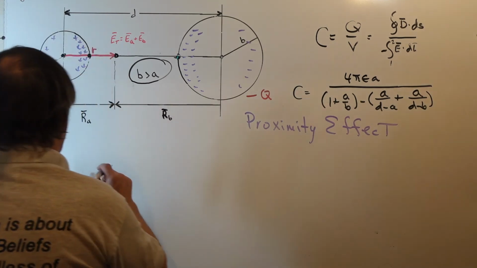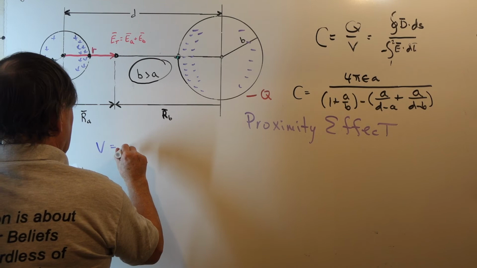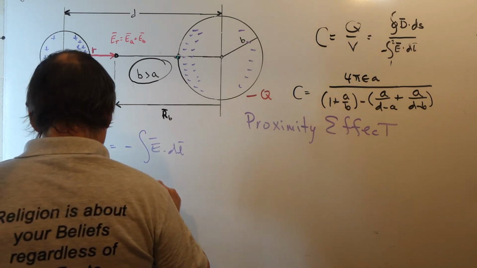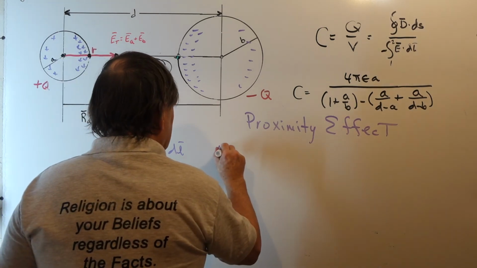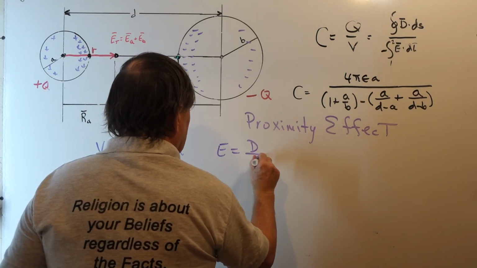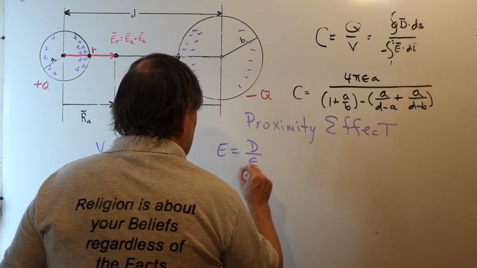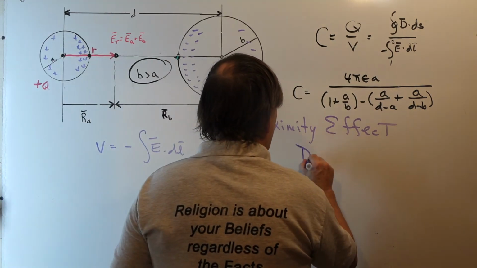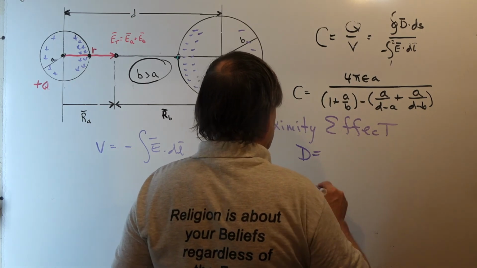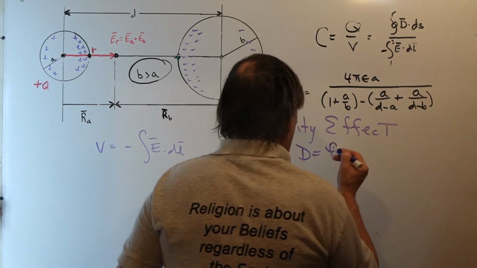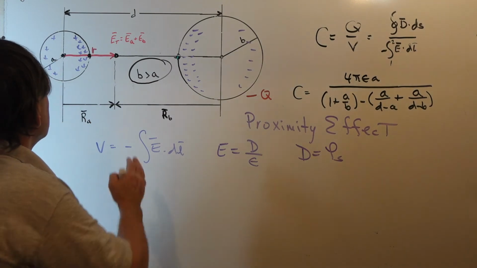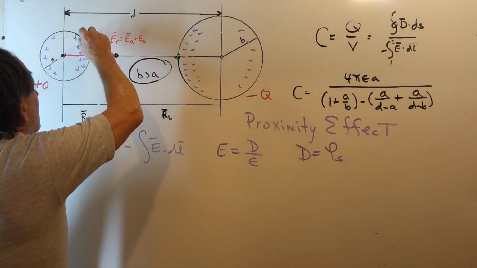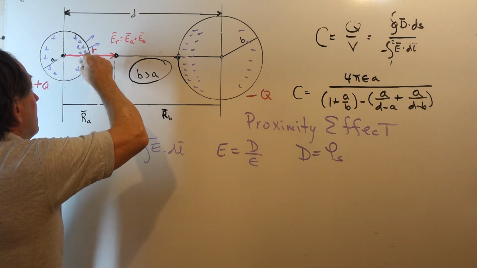Remember that voltage is minus the integral of E dot dl. And we know that the electric field is the electric flux density D divided by epsilon, and by Gauss's law the electric flux density is equal to the surface charge, and the D field is everywhere normal to the surface.